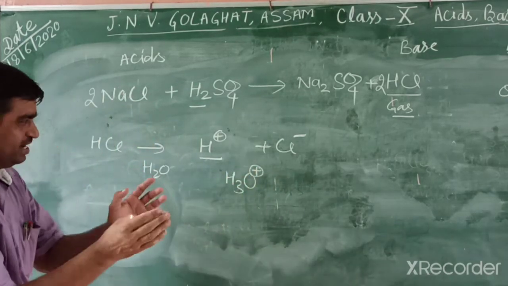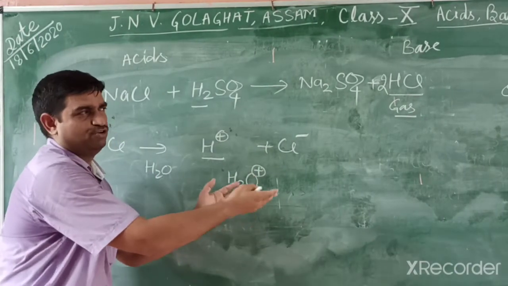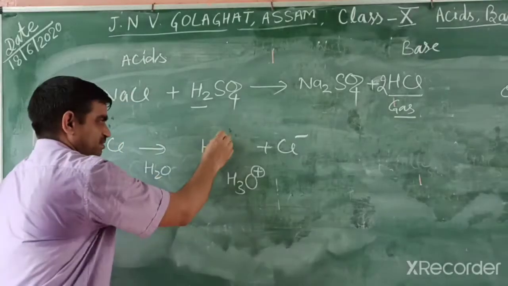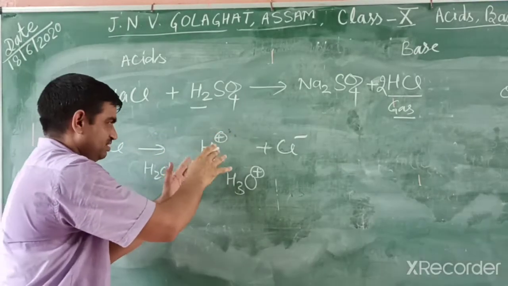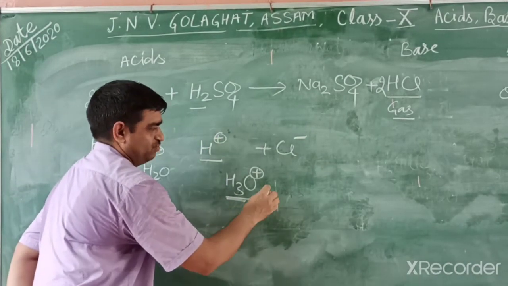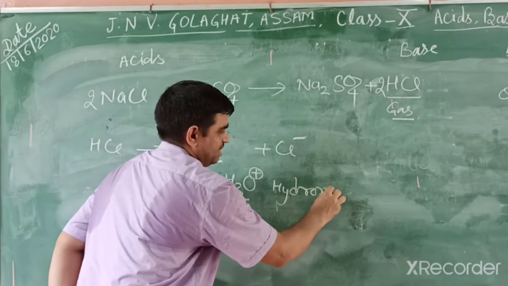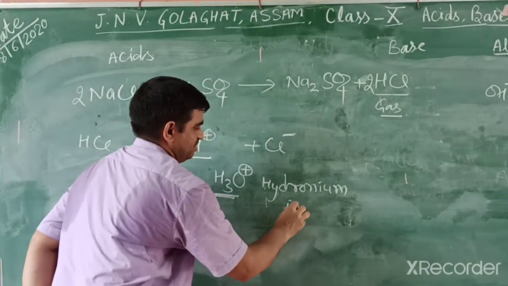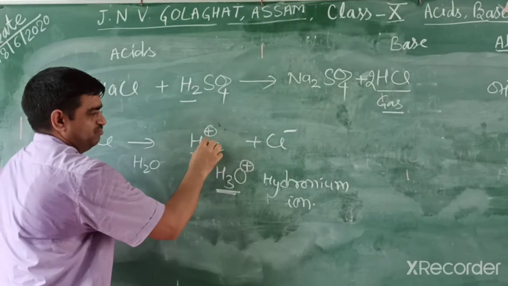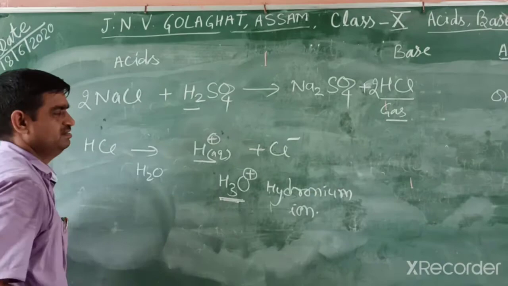Like a small child stays with their parents or family members, in a similar way a single hydrogen ion cannot exist. We write it as hydronium ion, or H plus aqueous, or H3O plus.